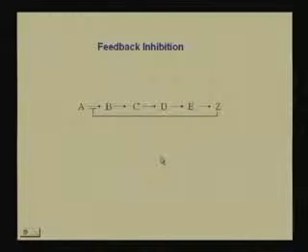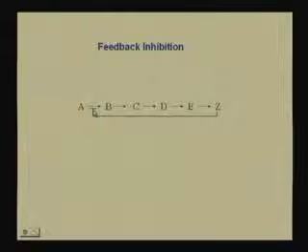One other thing before we get back to our problem is called feedback inhibition. This is something extremely interesting that happens in our body all the time. Suppose we have a reaction, say A going to B, going to C. Now each of these arrows corresponds to an enzymatic reaction.